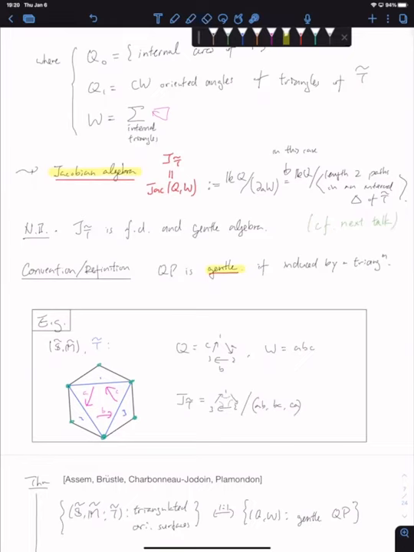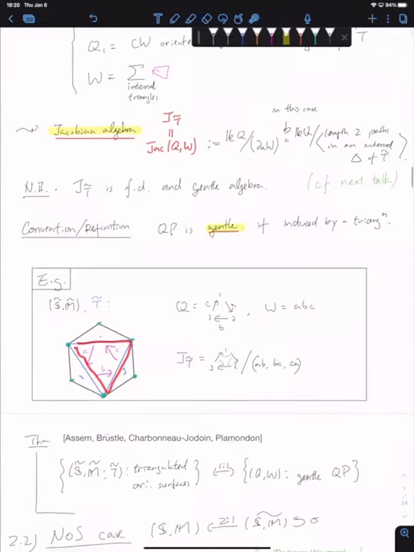An example is a hexagon surface with the triangulation where the internal arcs are labeled blue. I will have 3 angles in my internal triangle. This gives me the arrows in my quiver, where I orient everything clockwise around the corresponding marked point. If I draw this again here, I get this quiver.